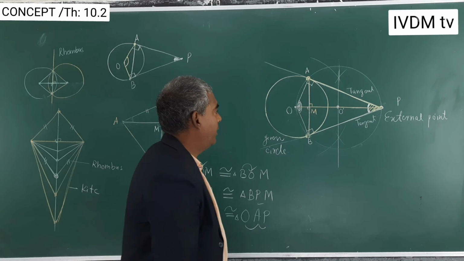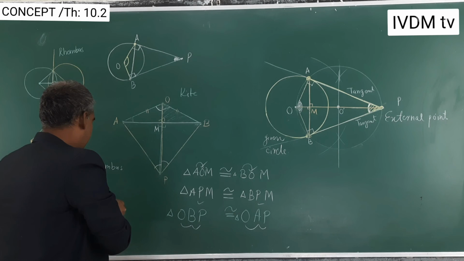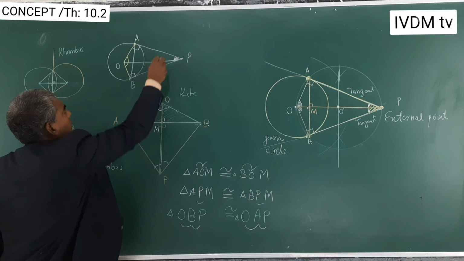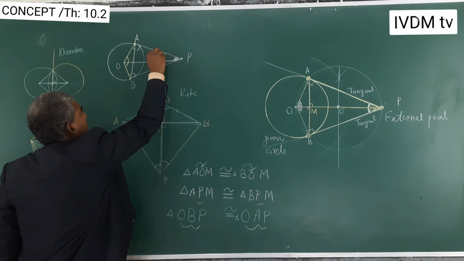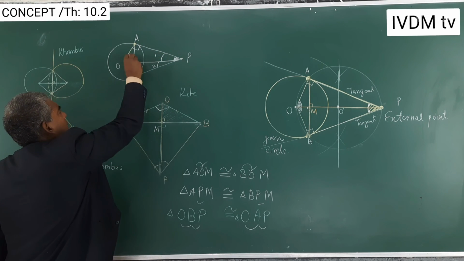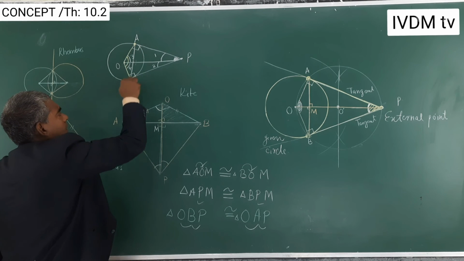The important point is there. In this case, suppose this is angle 1, this is angle 2, so angle 1 and angle 2 are equal. This one is angle 3 and this one is angle 4, so angle 3 and 4 are equal, and this is 90 degrees.